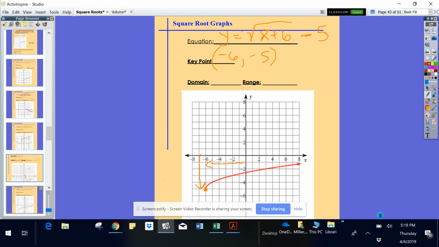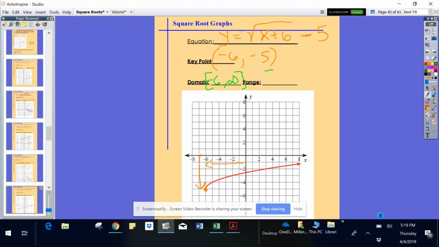Guys, you got to make sure there's a really good distinction here between inside the square root sign and outside. So make sure there's a good space there so I can tell the difference, okay? All right, and now let's look at our domain and range. Our domain, oops, we're going to keep it in green. Our domain is going to be -6, infinity.